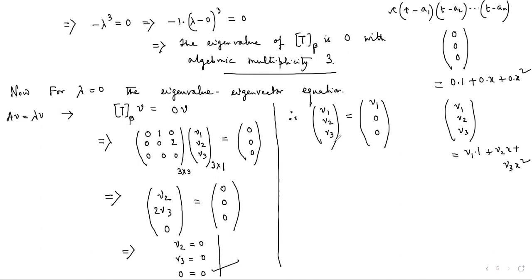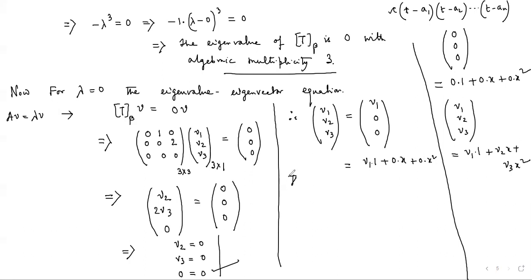Okay. And this is nothing but v1 into 1 plus 0 into x plus 0 into x square. Okay, this is the polynomial that we have got over here.